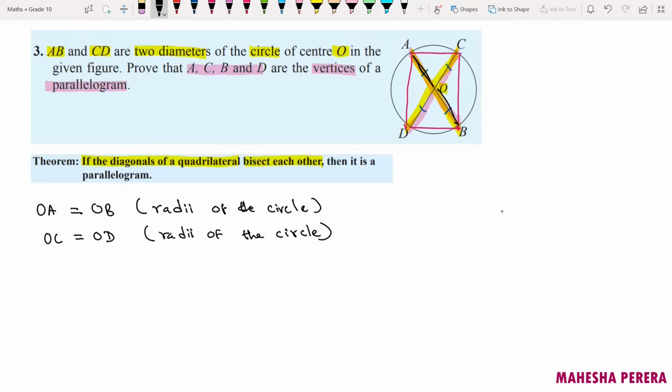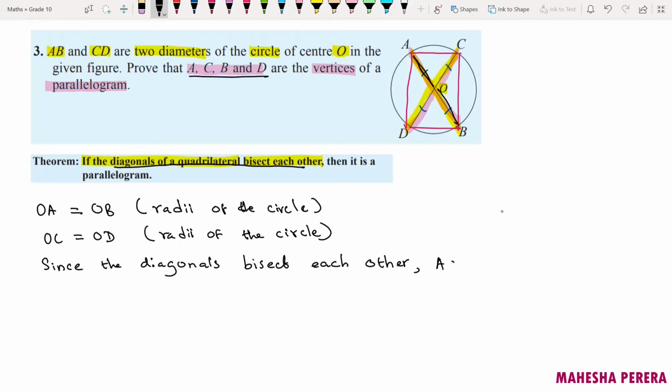And then you can say, since the diagonals bisect each other, ACBD is a parallelogram.